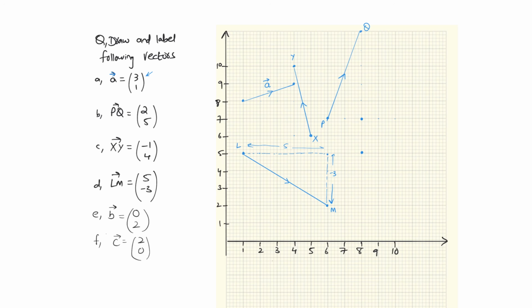So now you can join the vector out. So this is vector B. Okay, now the next part says mark vector C, 2, 0. So from the starting point, you have to move 2 units in the x direction, but there is no movement in the y direction, so this is going to be your vector.